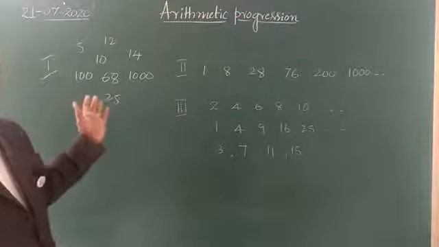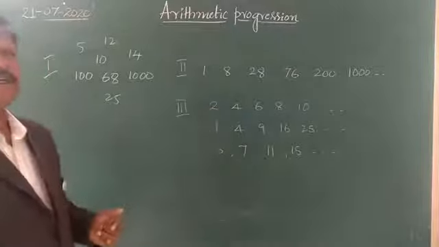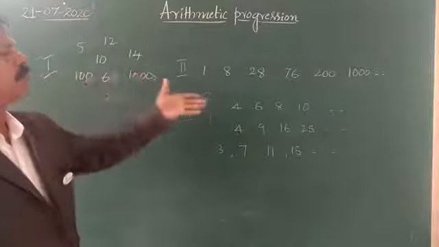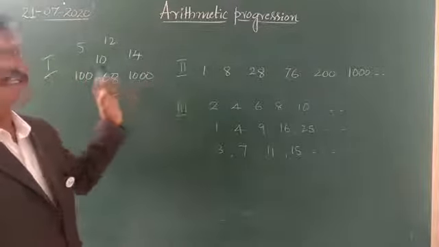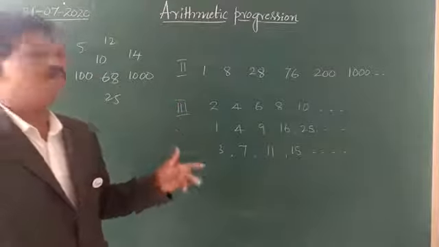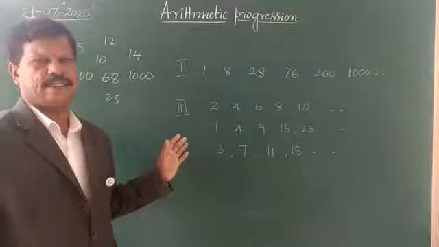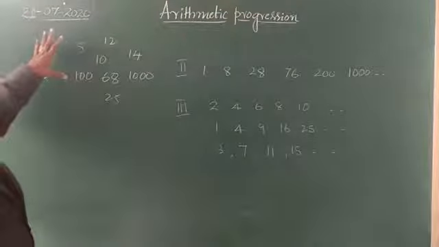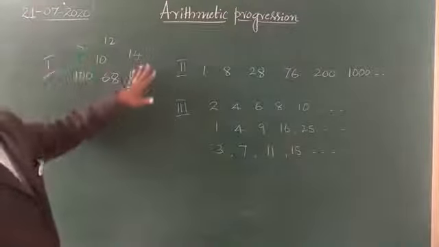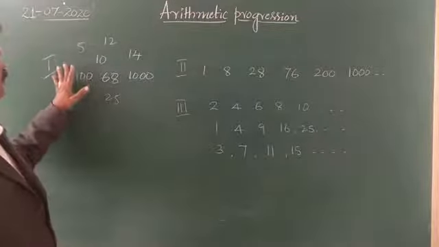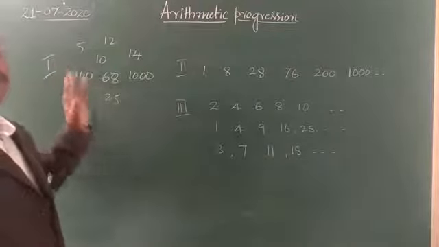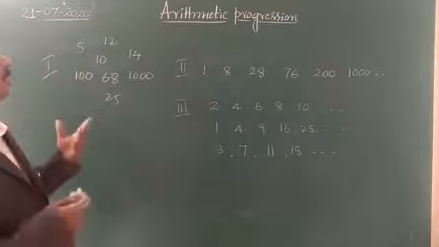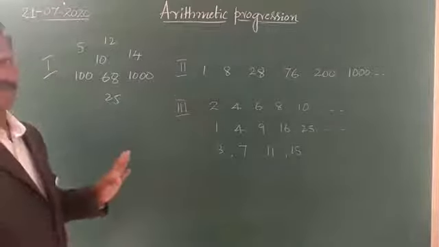On the board you are seeing three sets of numbers. Observe these three sets. What is the difference between them? Guess. In the first set, the numbers I have written are in a haphazard way, which means there is no order at all.